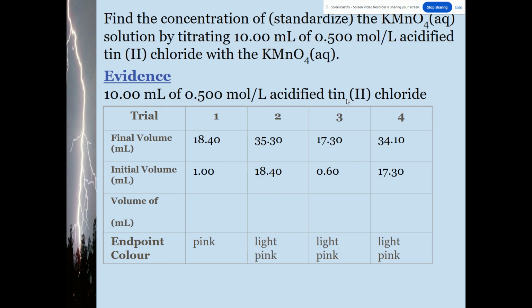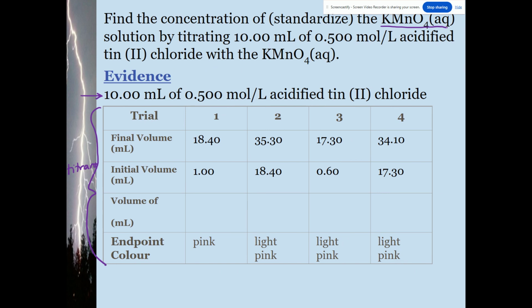This is what sample data will look like when you're doing a titration experiment. Information about your volume of your sample and the concentration of your sample, if you know it, are written on the top. And then this chart is everything to do with your titrant. And so if we look at this experiment, we're using potassium permanganate.